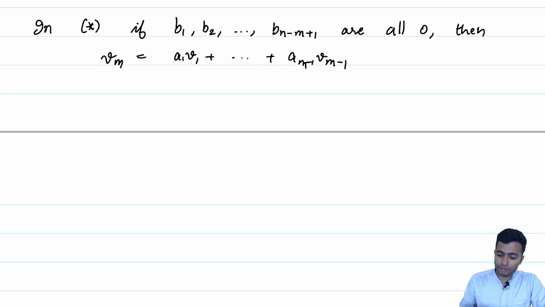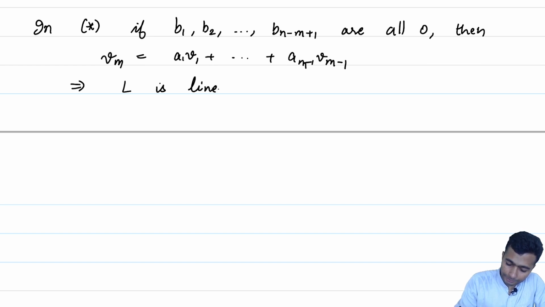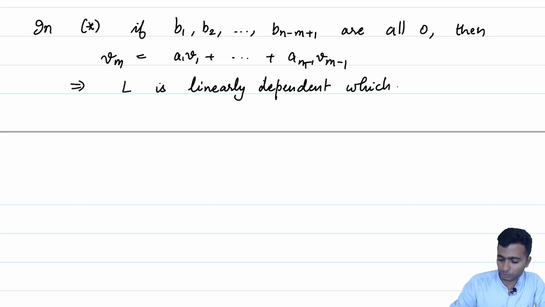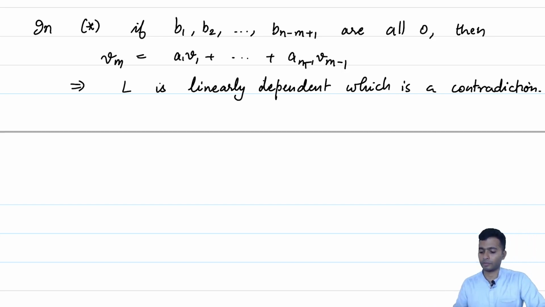But then yet again we are at the same contradiction: this implies that L is linearly dependent, which is a contradiction. And therefore not all of them can be 0, right? Not all of b1, b2 up to bn minus m plus 1 are 0. So one of them is not 0.